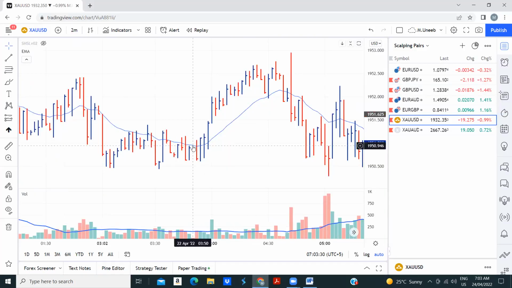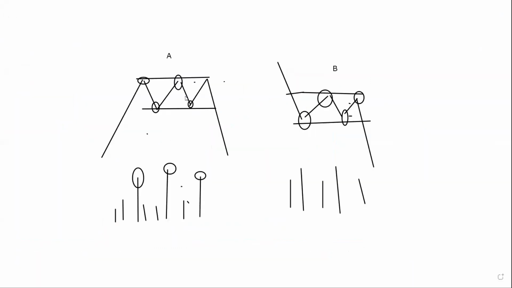Now the variation of the markets. For example, if we are in accumulation, as I told you, if we are going up in an uptrend here, what is different between accumulation and distribution?